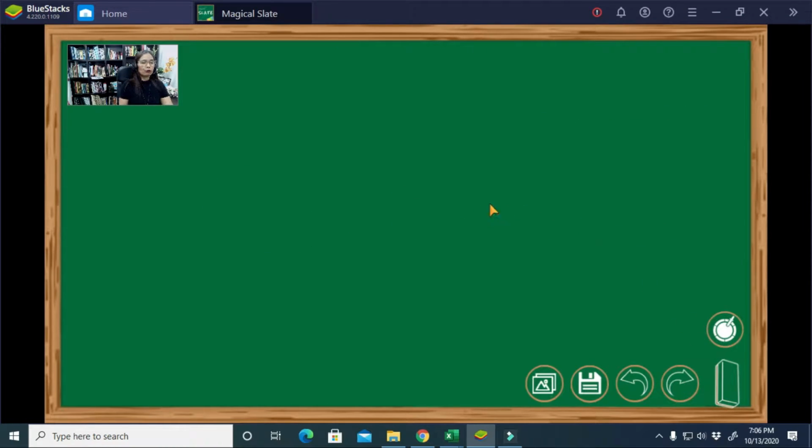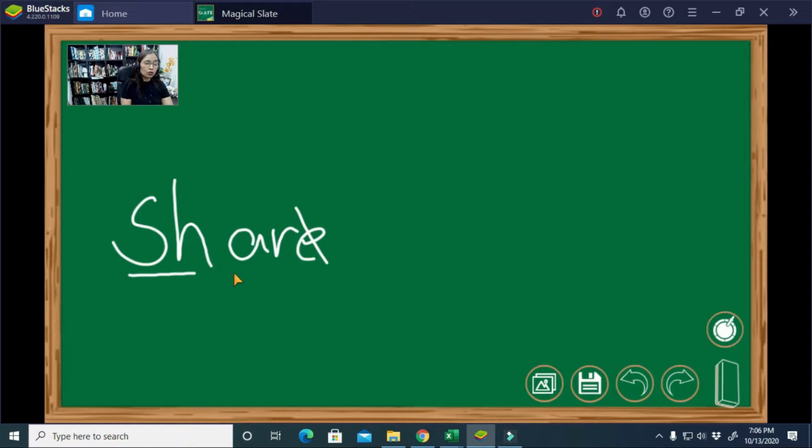Okay. Now for the next word, we have the word share. So we have to identify the letter sounds. We have to omit this one, and we have ish, share, and a sound and letter R because the word is share. So we have to write that in shorthand now.